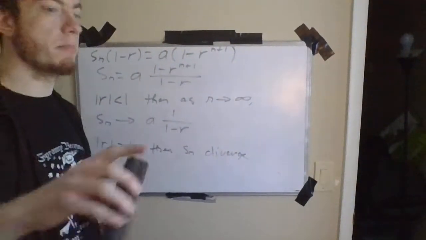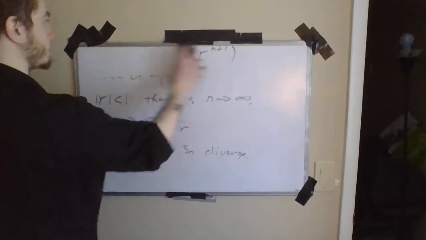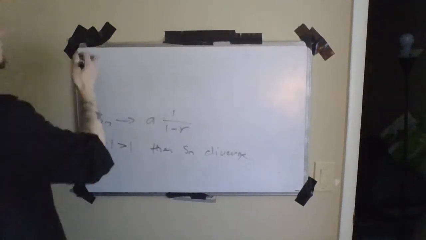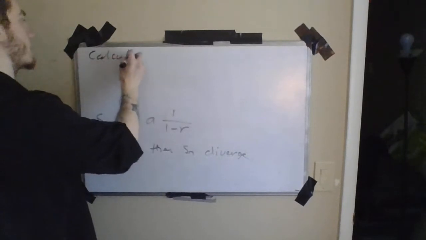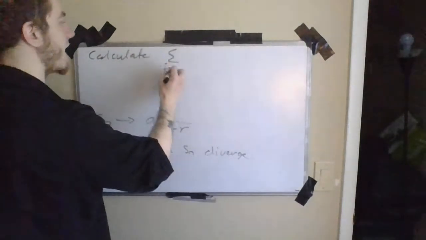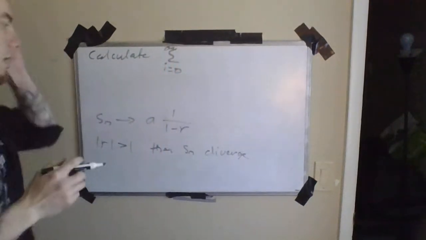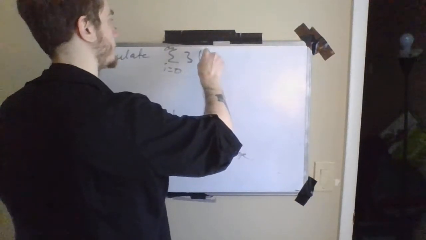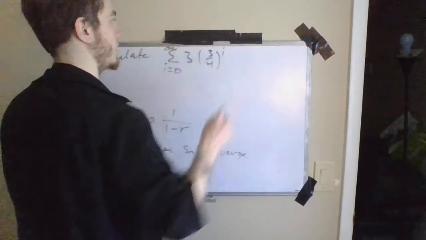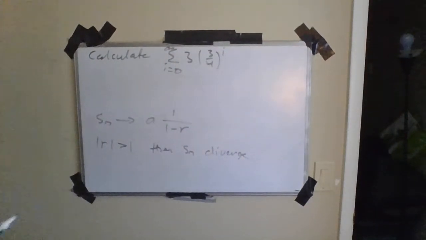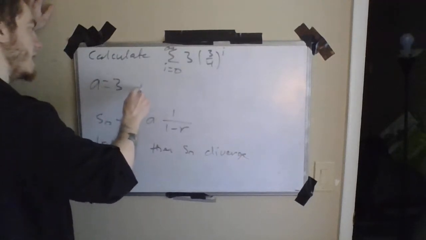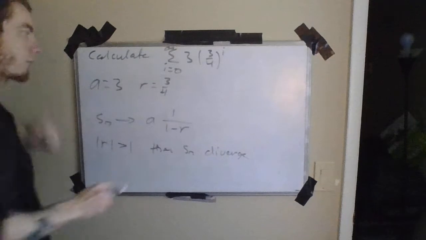So let's take a look at some examples of using this. Here would be one example. Let's say that we want to calculate the sum from i equals 0 to infinity of 3 times (3/4)^i. Well, in this case, my a is equal to 3, and my r is equal to 3/4.